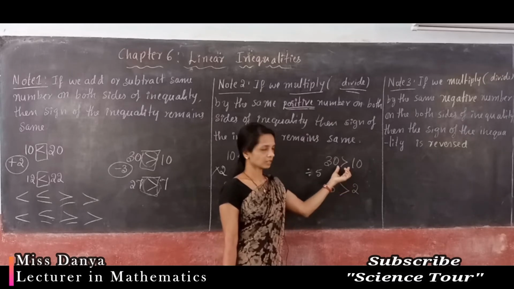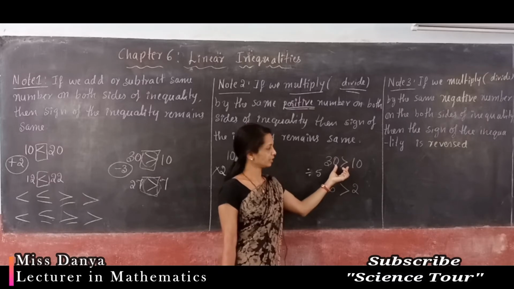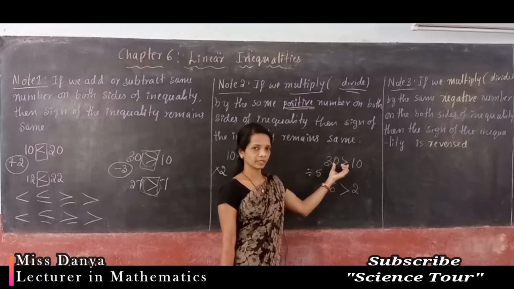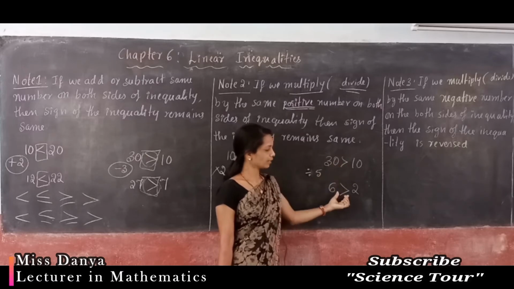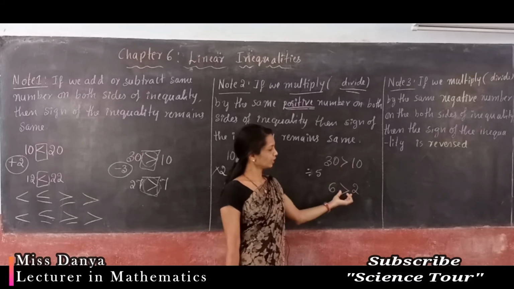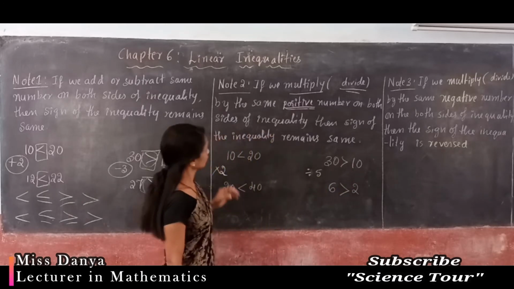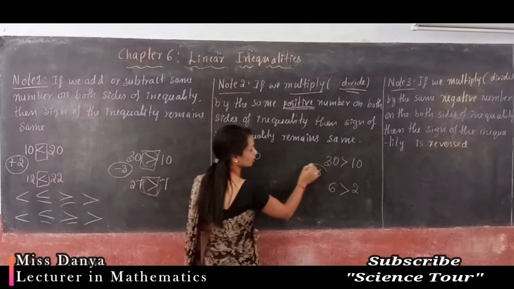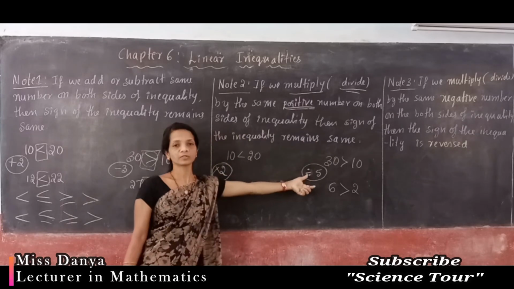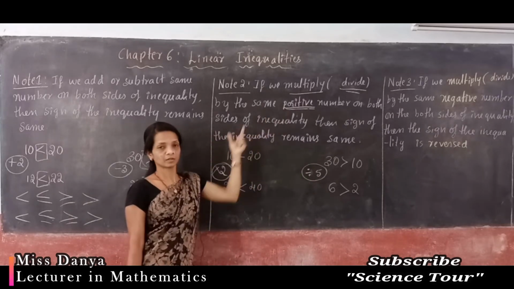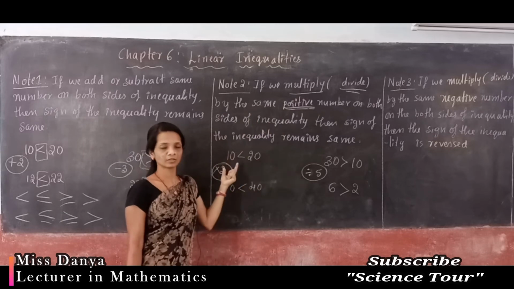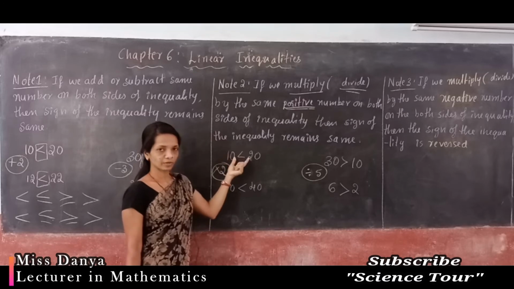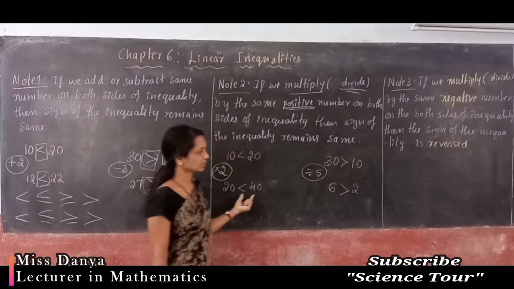Here we took a greater than inequality. Before dividing by 5 it is greater than, and after dividing by 5 also it is greater than. So the sign of the inequality remains as it is. That is about note 2. If you multiply or divide by the same positive number, the sign of the inequality remains the same.